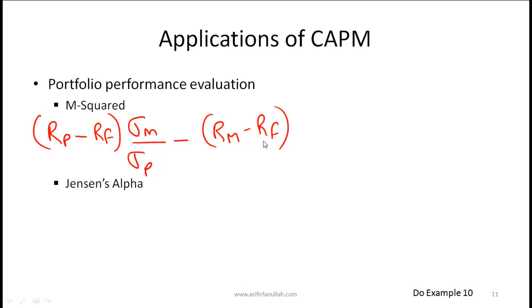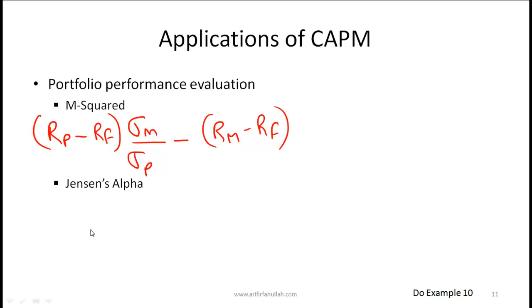So when this ratio is more than 0, that means that this portfolio is better than the market. So we don't necessarily need a comparison the way we needed with the Sharpe ratio, but the limitation still holds that we are using total risk.